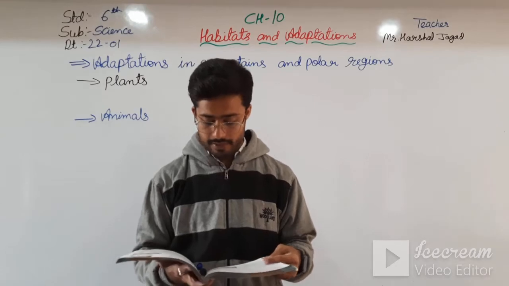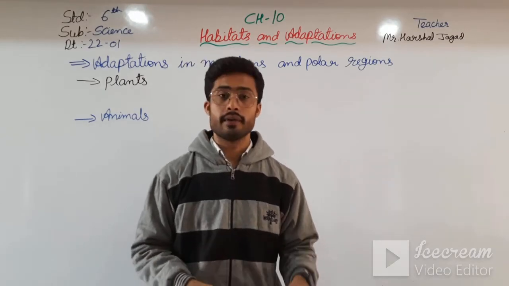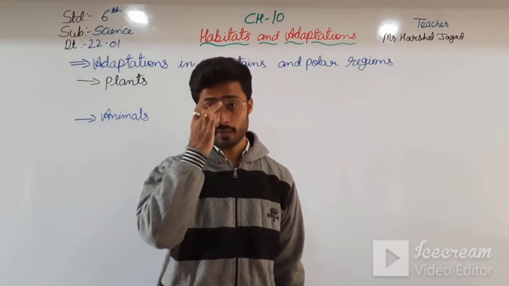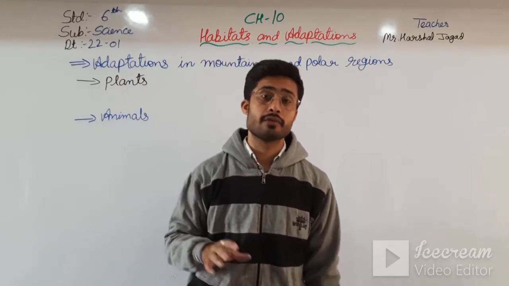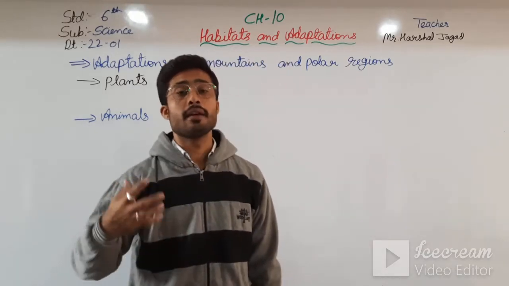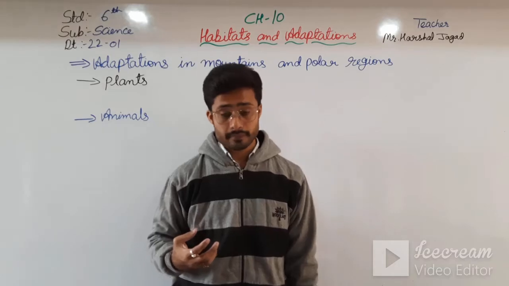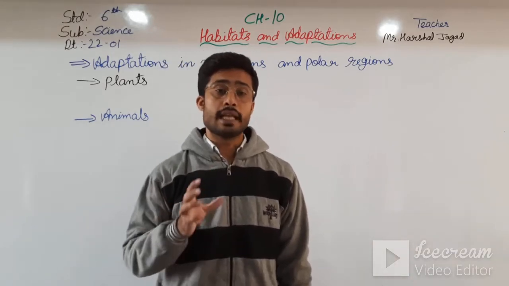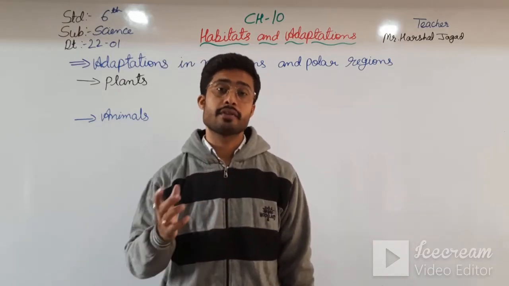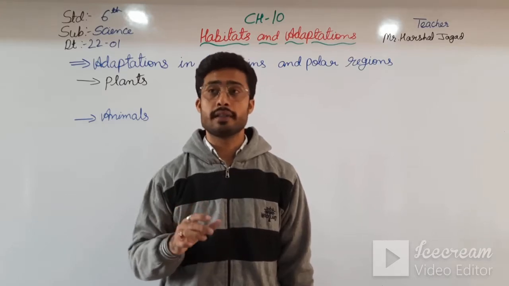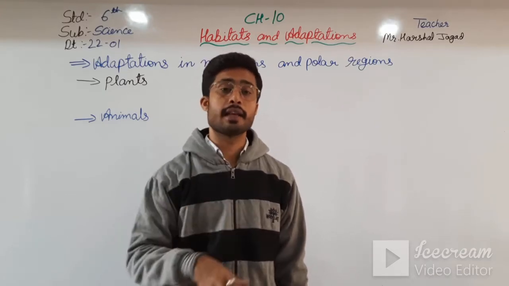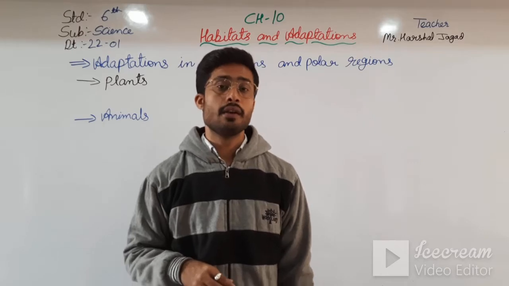As you can see in the figure, a polar bear is given. Polar bears are only found in the polar regions where it is very cold, and their body is adapted to the temperature and weather conditions. So they can't go anywhere else. They can live in the polar region only.